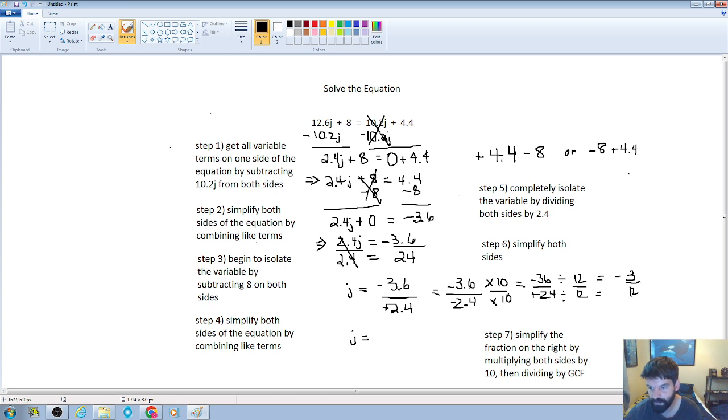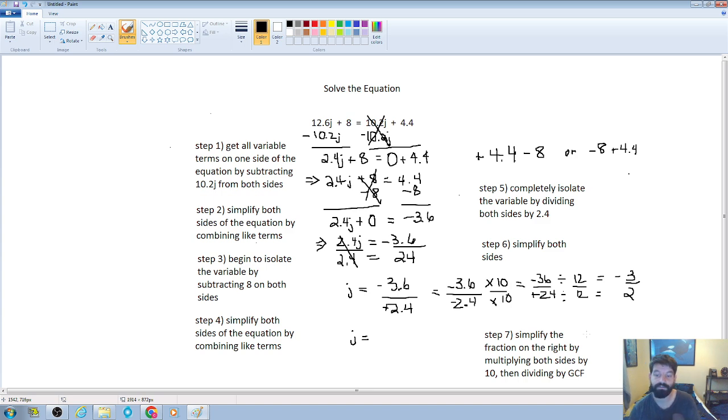So a couple of questions that usually pop up here. Oops, sorry. Negative 3 over 2. So 24 divided by 12 is 2. So one of the biggest questions here is what happened to the decimal? Well, by taking that common ratio and multiplying by 10, we eliminated it. So we don't have to really deal with it anymore.